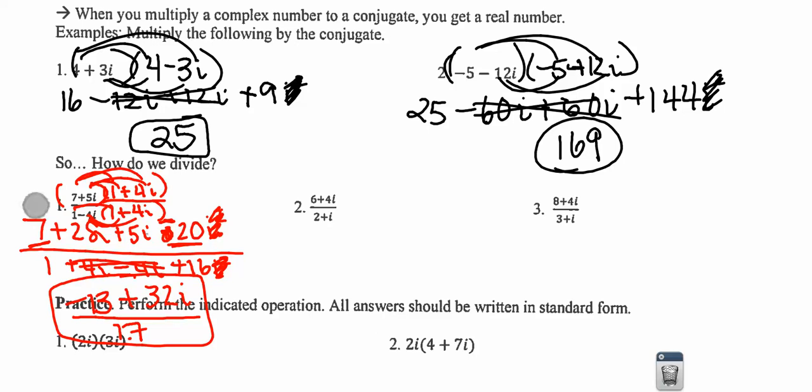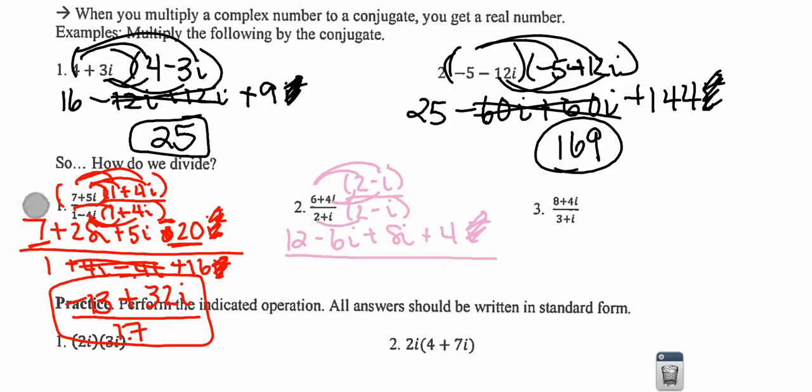If we go ahead and do number 2, I'm going to multiply by the conjugate, and my conjugate is 2 minus i. It's the opposite of the imaginary number. So I'm going to double distribute. So I have 12 minus 6i plus 8i minus 4i squared. Scribble out i squared. It's equivalent to negative 1, so I change the sign. And then I'm going to distribute the bottom.